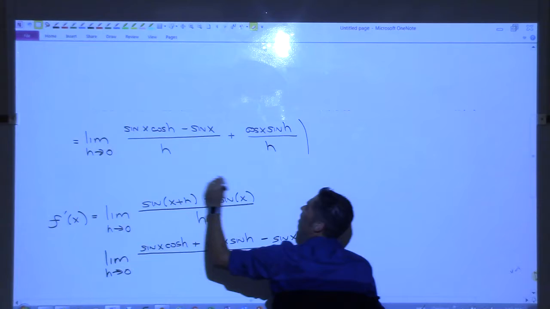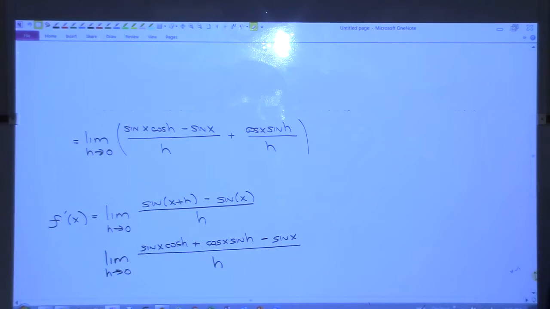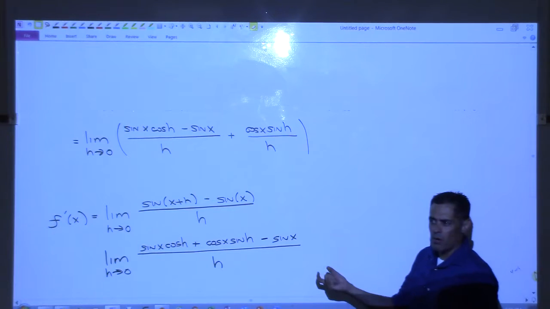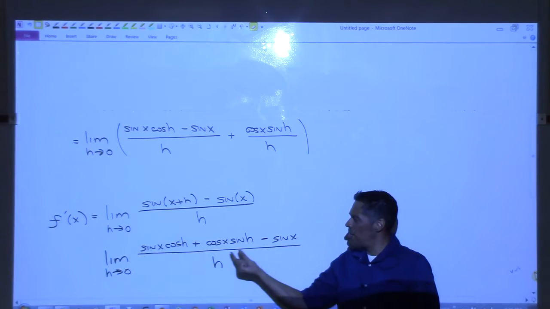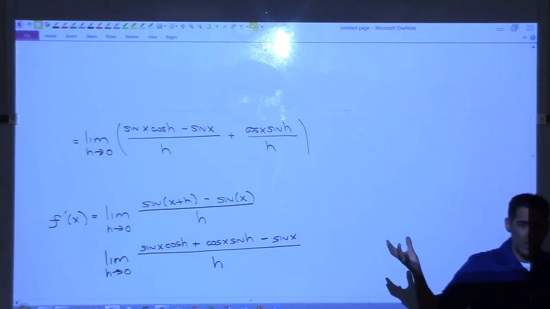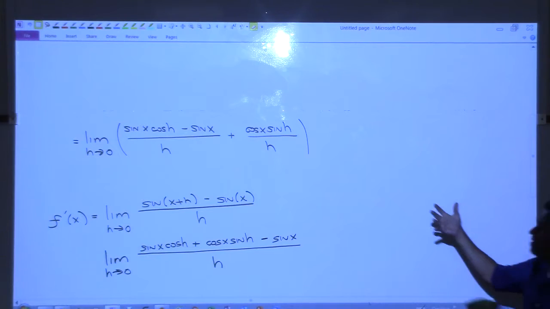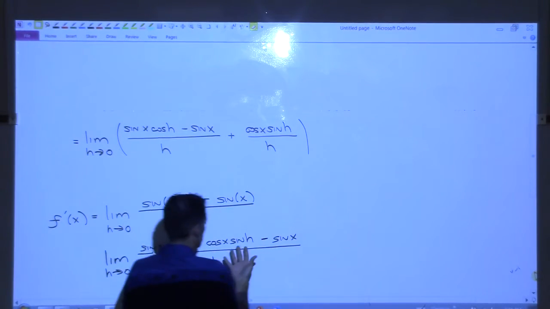All right, is that the same thing? So what did I do? I kind of rearranged the numerator, didn't I? I moved this minus sine x over here, and I split it into two fractions, which I'm completely allowed to do because they have the same denominator, right? If you put these back together, you get this.